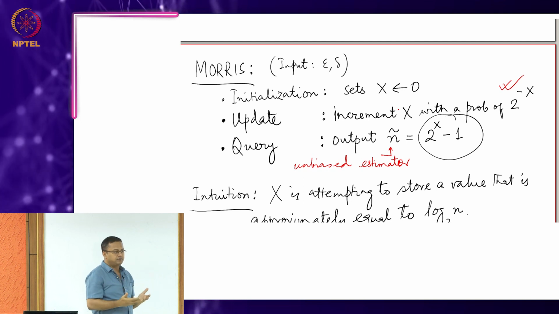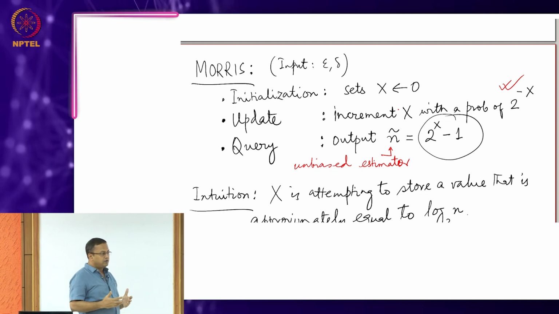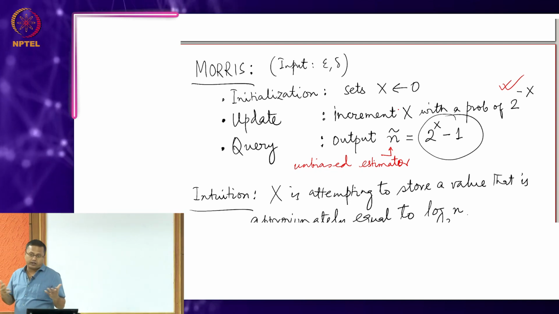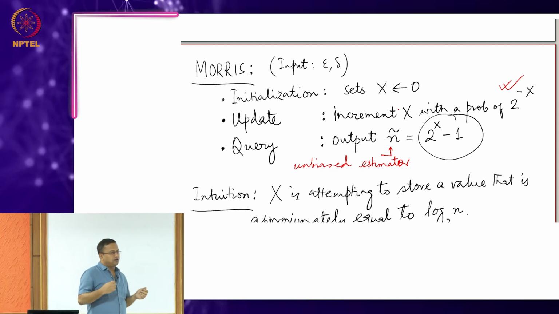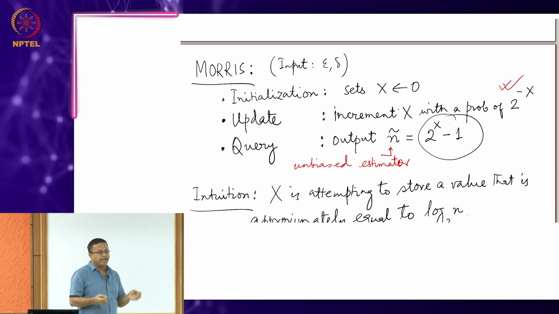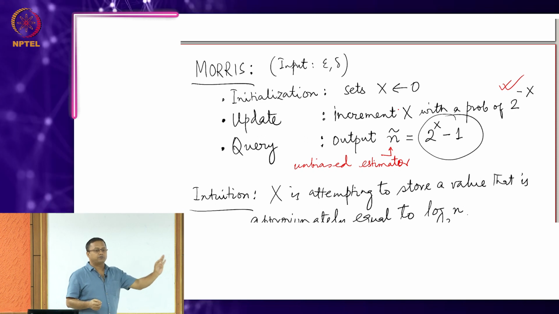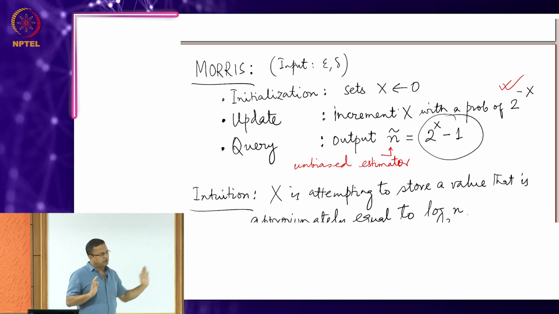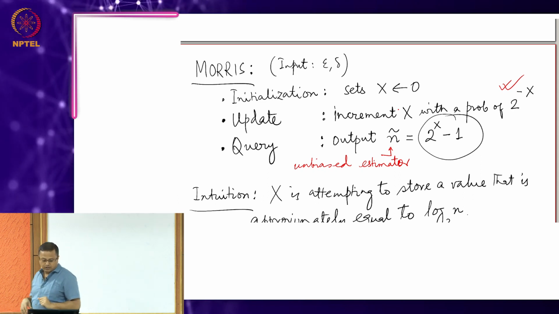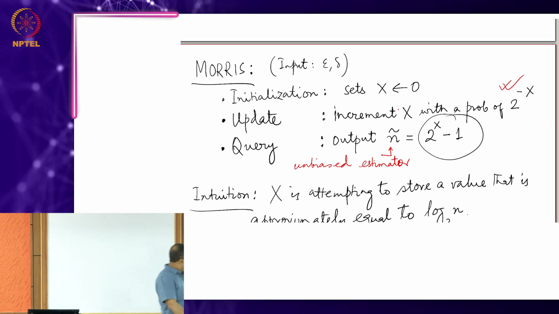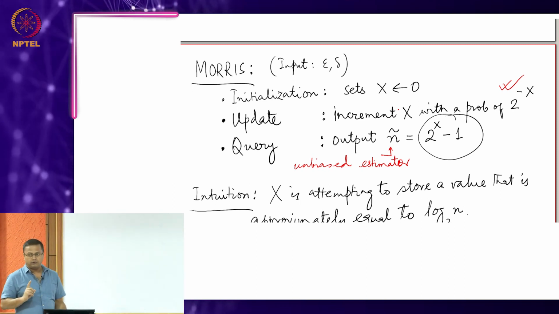One measure is expectation. So, the expectation of my estimator, which counts using much less than log n space, if that estimator is an unbiased estimator, meaning that its expectation is equal to what it was supposed to count, that we have proved, right. Mind you, the output of my algorithm is a random variable. Why?